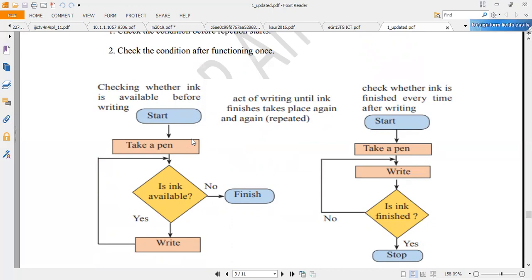The flowchart on the right side demonstrates the start, take pen process, and write process. There is a condition: is the ink finished? If not finished, it keeps doing the writing action repeatedly. When the ink is finished, we go to the stop state. So you can identify that here the condition is checked first, before the action, and here it is checked after the action is done.